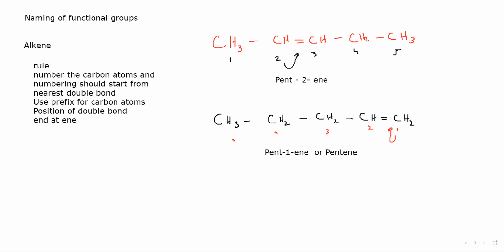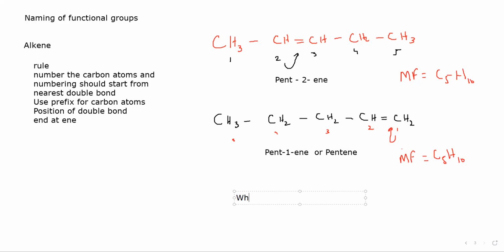When you write the molecular formula for pent-2-ene, it has 5 carbon and 10 hydrogen. And the molecular formula of pent-1-ene or pentene is also 5 carbon and 10 hydrogen. When 2 compounds have the same molecular formula but different structures or different names, what do we call them? We call them isomers.